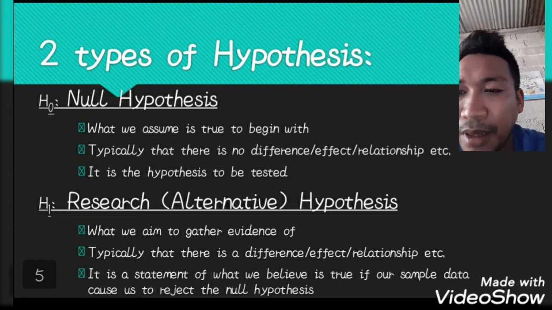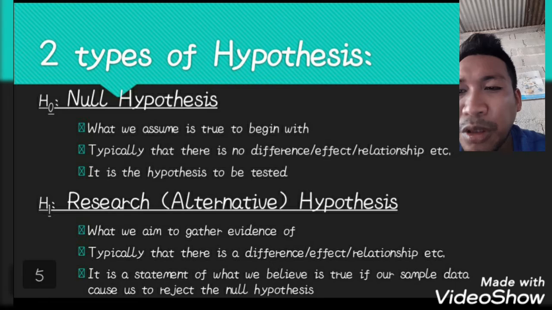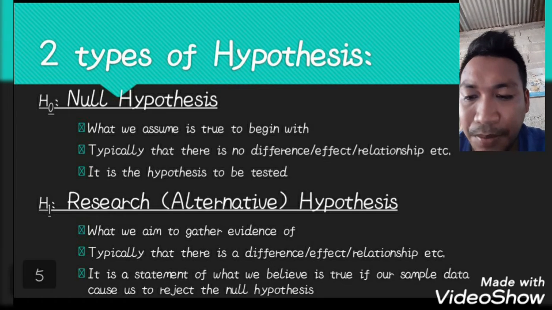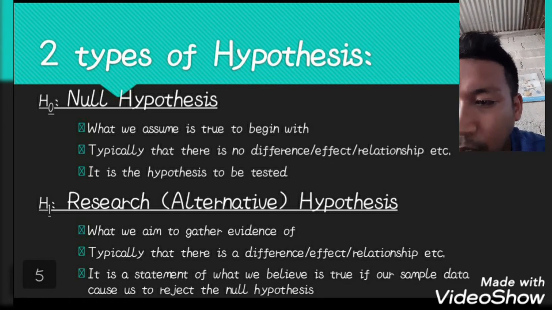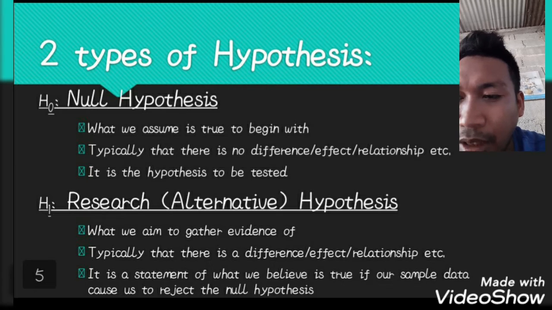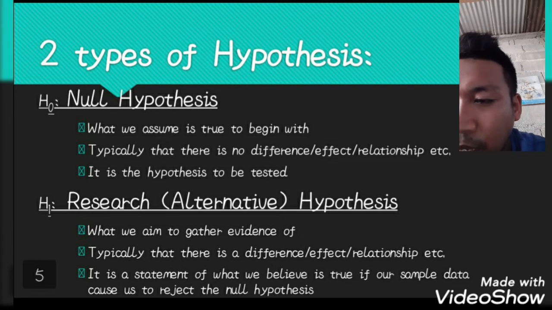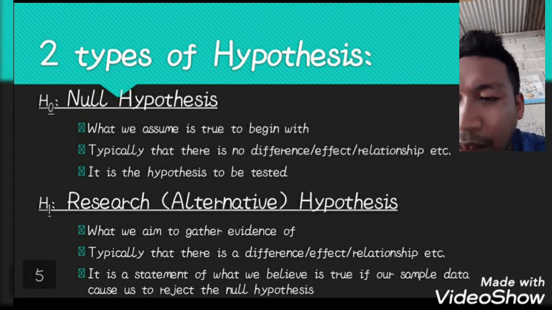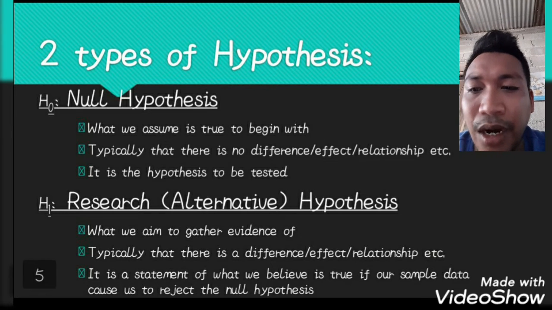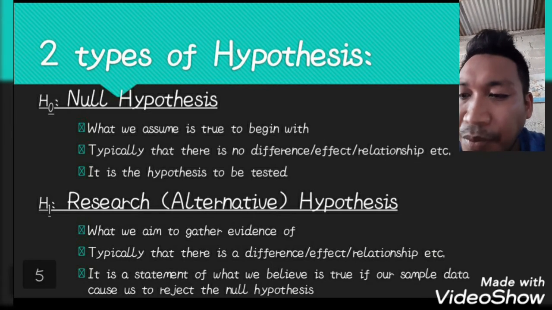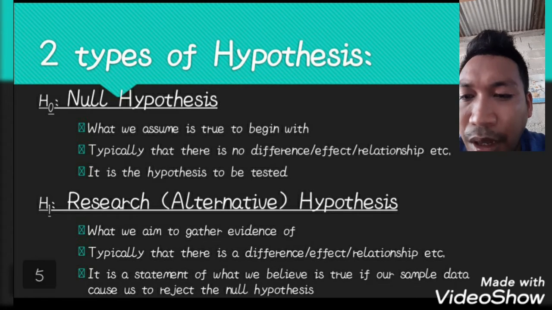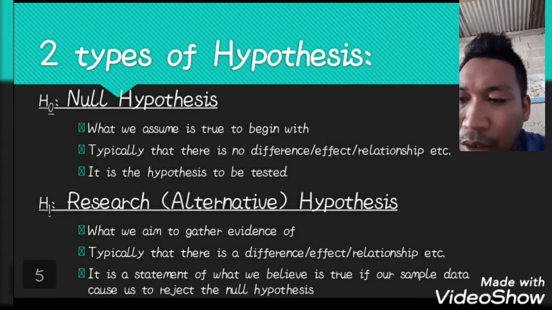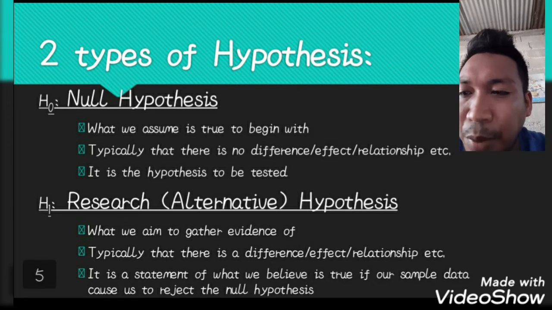The second type is the alternative hypothesis: what we aim to gather evidence of, typically that there is a difference, effect, relationship, etc. It is a statement of what we believe is true if our sample data cause us to reject the null hypothesis.